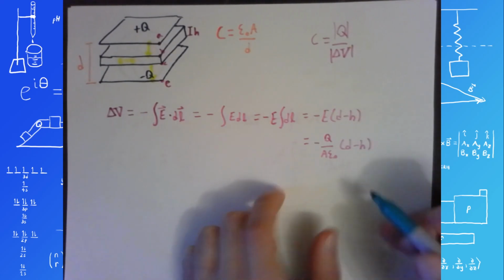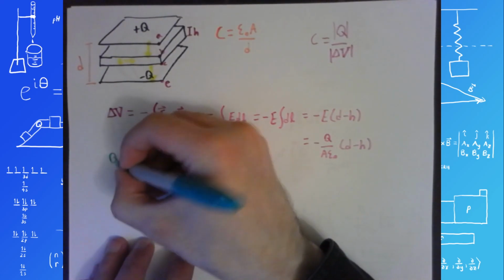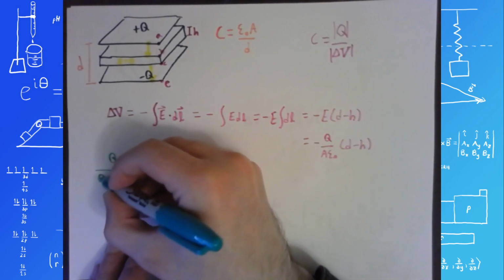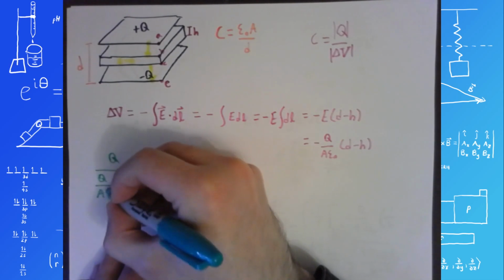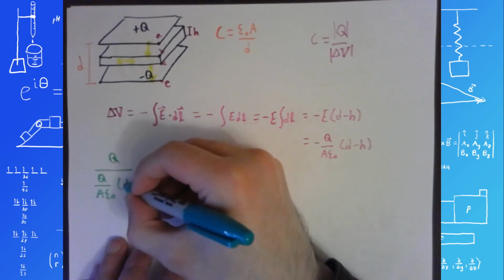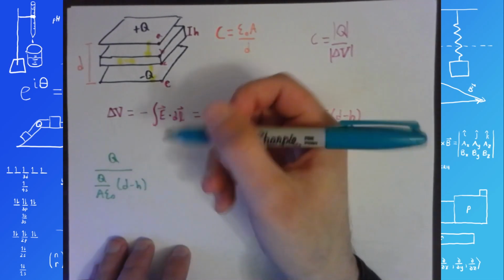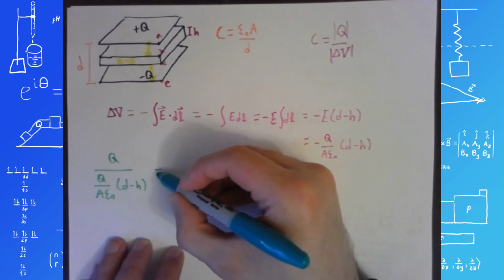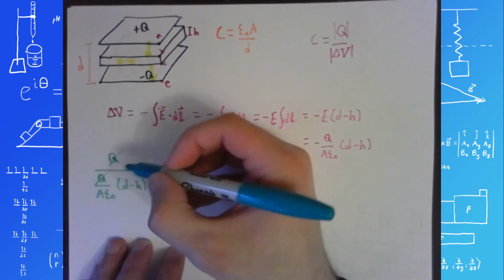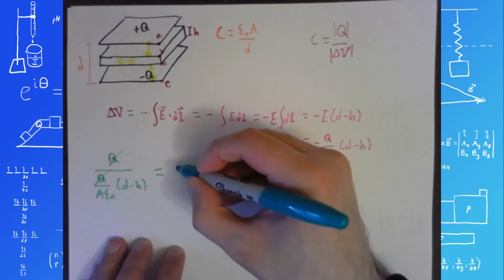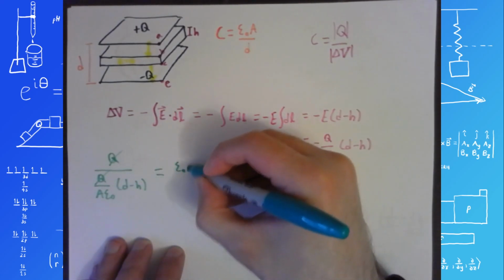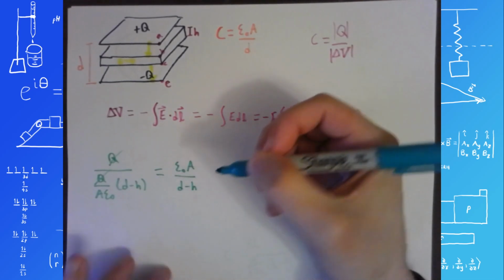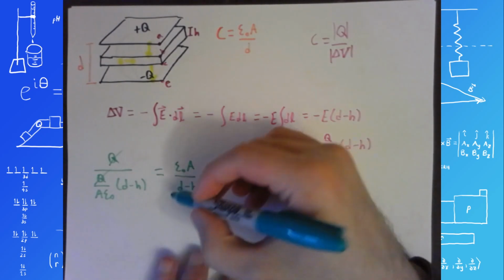So if I do Q over A epsilon naught D minus H, then that will give us, Q's cancel out, epsilon naught A over D minus H. And there we go.